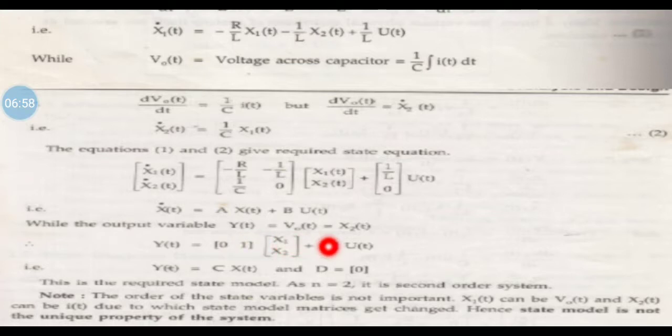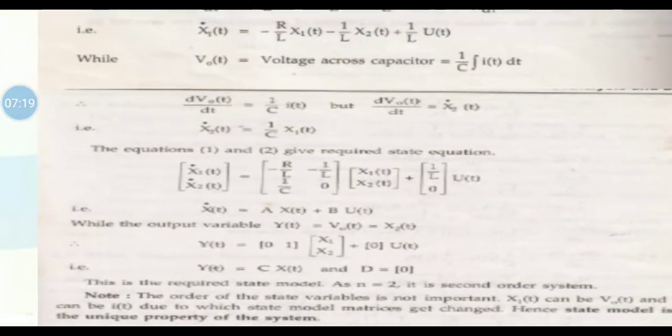While the output variable y of t is equal to v naught of t, which is equal to x2 of t. So y of t is equal to 0, 1, x1, x2. So what is v naught of t? It is x2 of t. So it is written 0, 1, x1, x2 plus 0 u of t. Plus B u of t is 0 u of t. So y of t is equal to C x of t and D is 0.